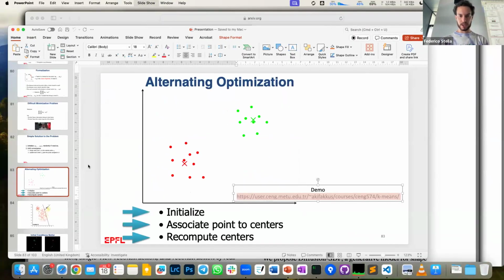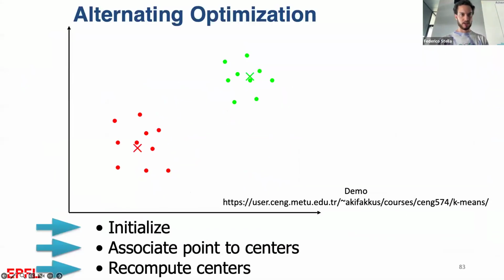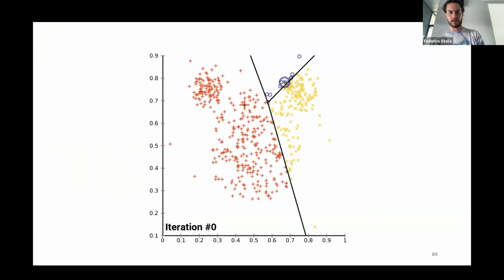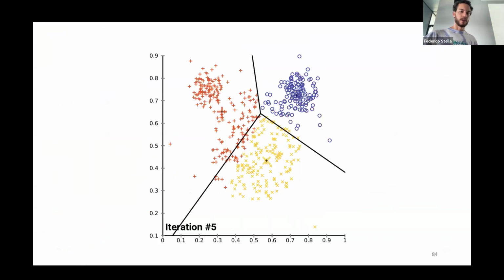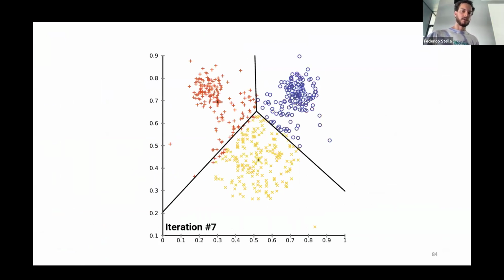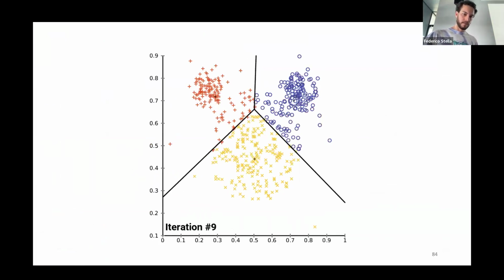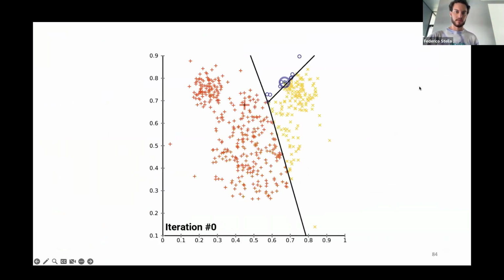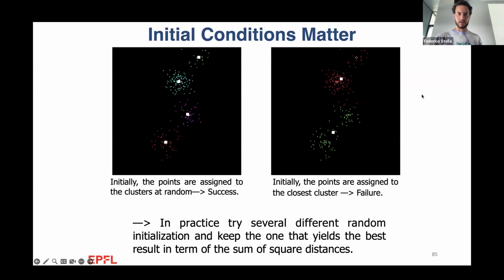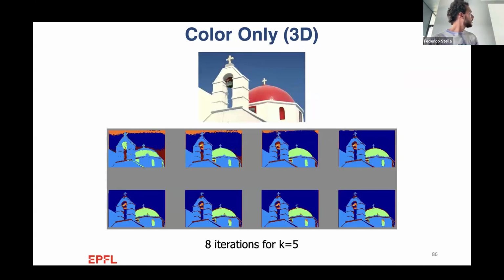Okay, let's go back to PowerPoint. Here you see another example in which you have three clusters and they keep iterating until they stabilize. As I said, the initial conditions are very important, but you can do this on an image.